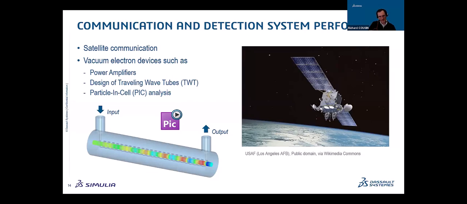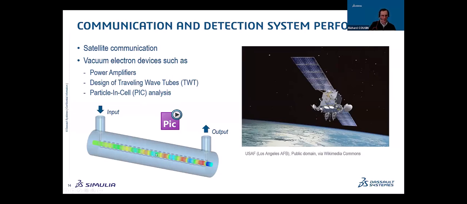For instance, here you have the so-called traveling wave tubes, which are power amplifiers. And the design of a traveling wave tube can fully be performed using CST Studio Suite. Here, for instance, you will need to use the PIC solver because you need a self-consistent approach while the particle beam is propagating along the tube axis.